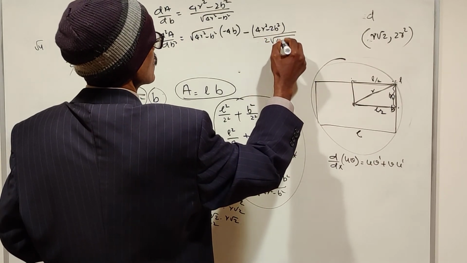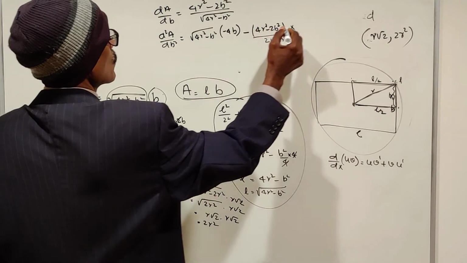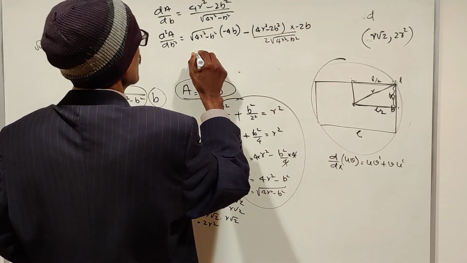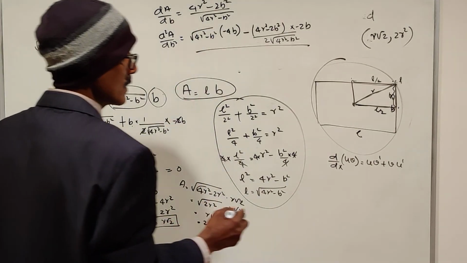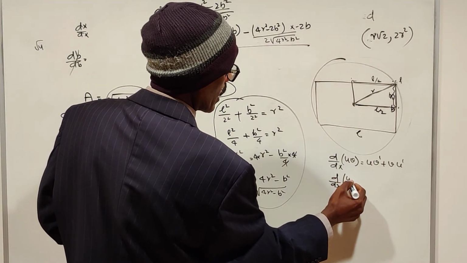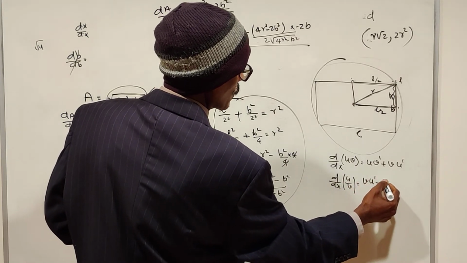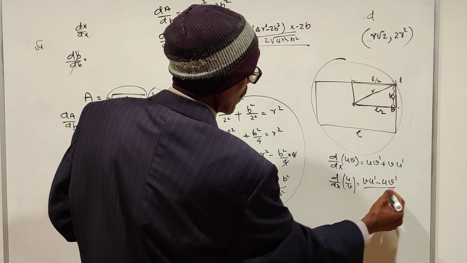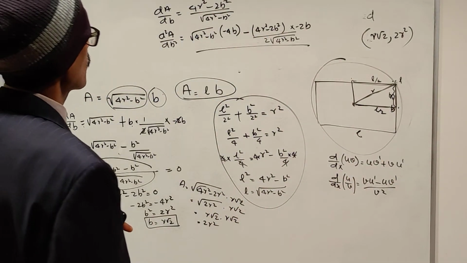Then minus the numerator into the derivative of the square root, which is minus 2B divided by 2 root 4R square minus B square, divided by the square of the denominator. That is the derivative of u by v. The derivative of u by v is (v into derivative of u minus u into derivative of v) by v square. That is the formula we need to apply.